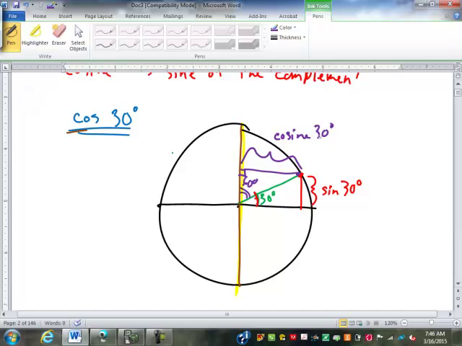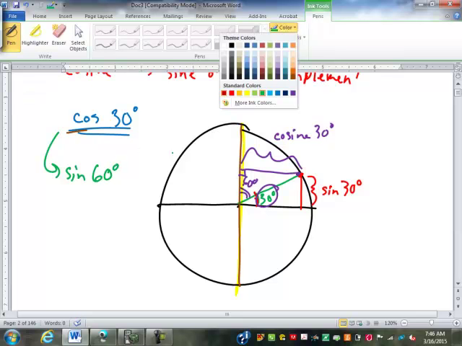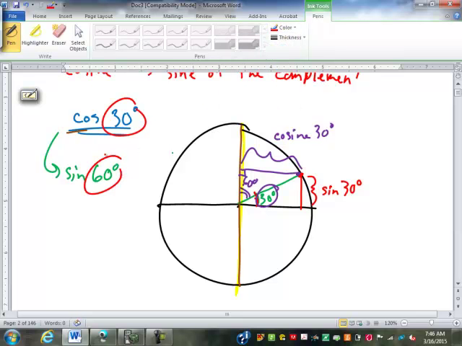Now, one thing you'll notice here, it's the cosine of 30 degrees, but it's also, exactly, the sine of 60 degrees. What special relationship do 30 and 60 have? They're complements. They add up to 90 degrees. Very good. The definition of cosine is the sine of the complement. Therefore, the cosine of an angle is equal to the sine of the complement.